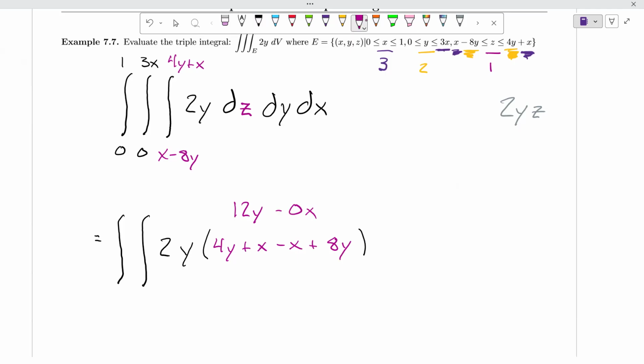Maybe you could have seen that from the bounds right away. But we don't need this 0x anymore. It can be gone, simplifying that whole mess to just replace it with 12y.